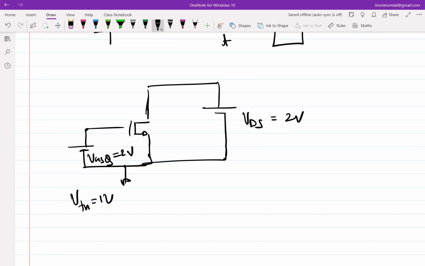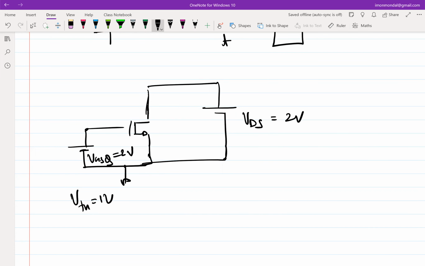Safely in saturation. This is the point that he was trying to make also. Why don't we connect this to that? This is equivalent to saying I have VGS also 2 volt, VDS is also 2 volt. Fine. So now this is biased in saturation, no problem.